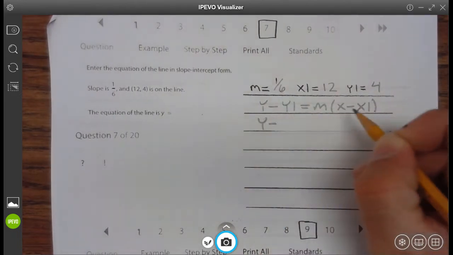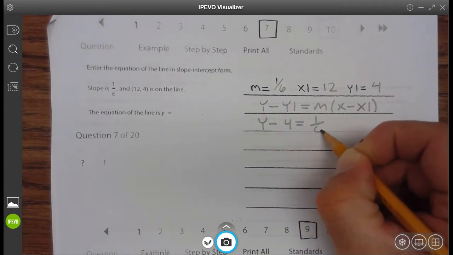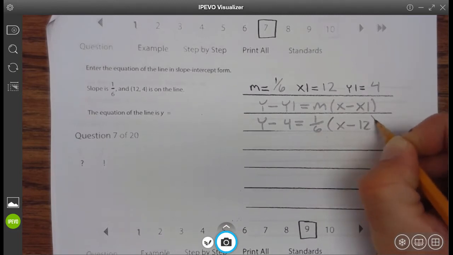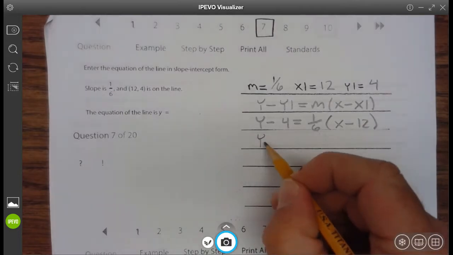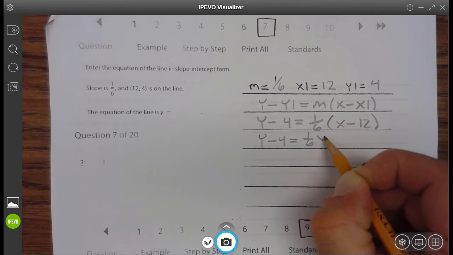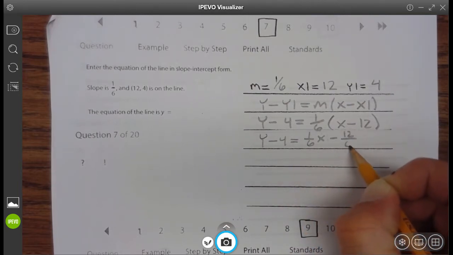So we're going to plug the numbers in. So that's y minus 4 equals 1/6(x minus 12). Okay, we're going to distribute the 1/6 first. So we have y minus 4 equals 1/6 x minus 12 divided by 6.